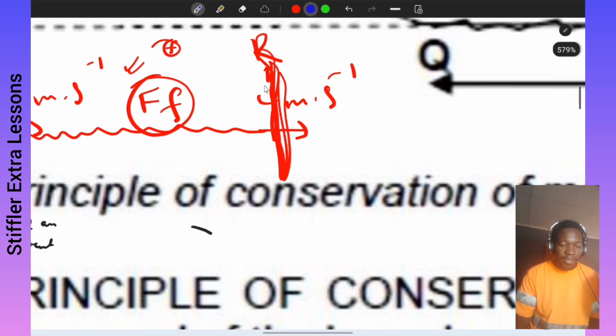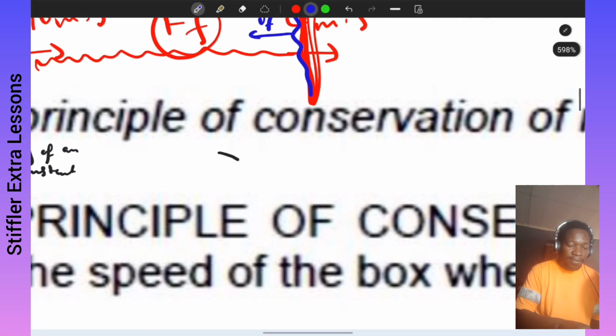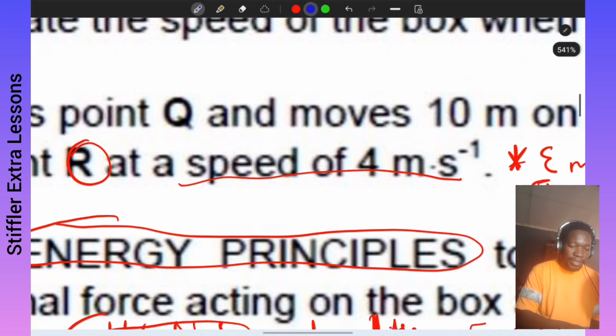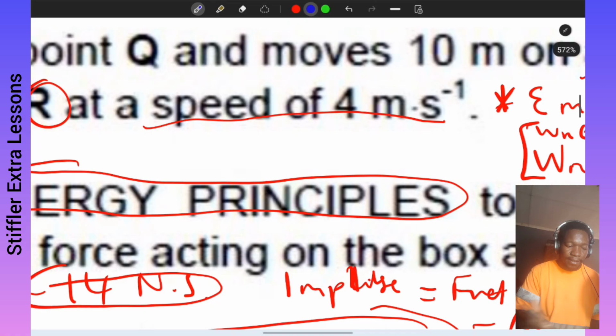So now we are dealing with this point here. Striking this should be our initial, and after striking this should be our final, right? So our initial velocity there should be 4 meters per second, since this block struck this at 4 meters per second, right?